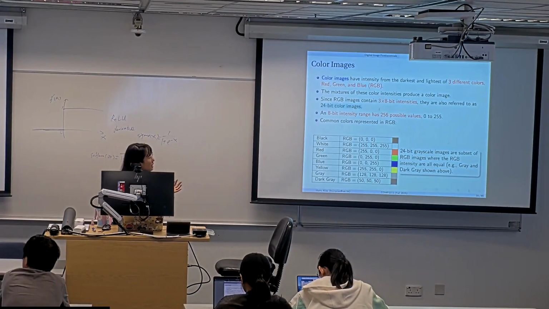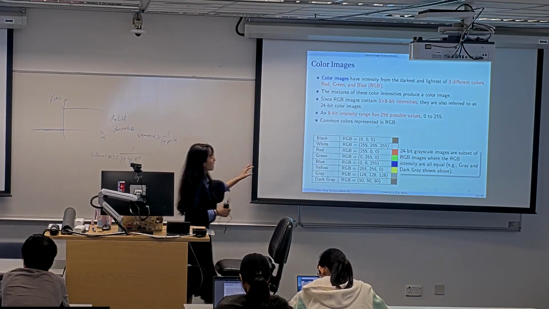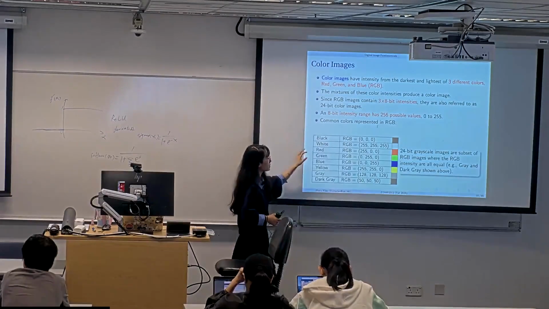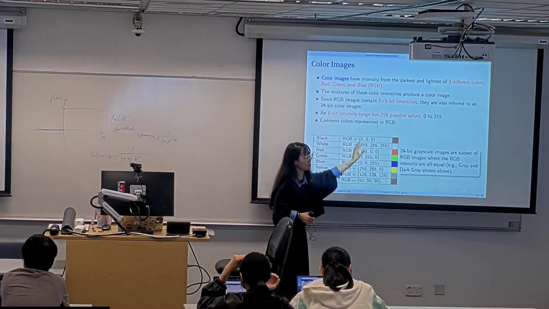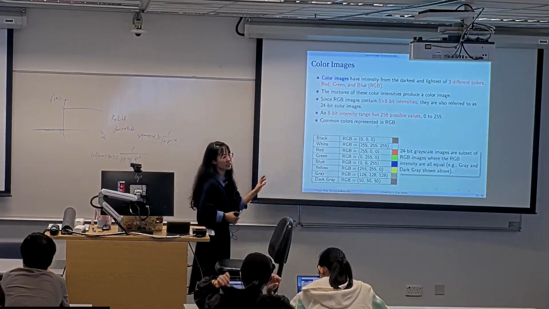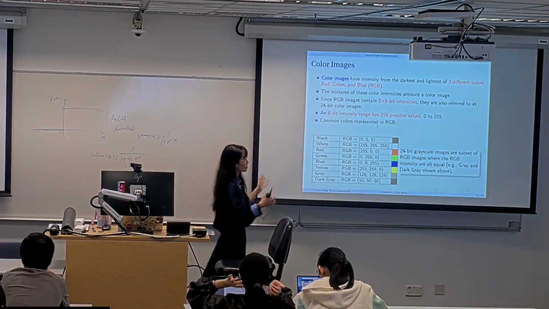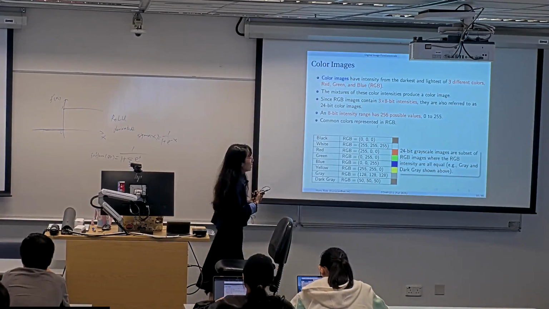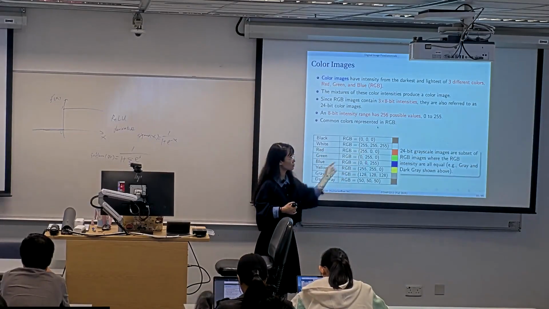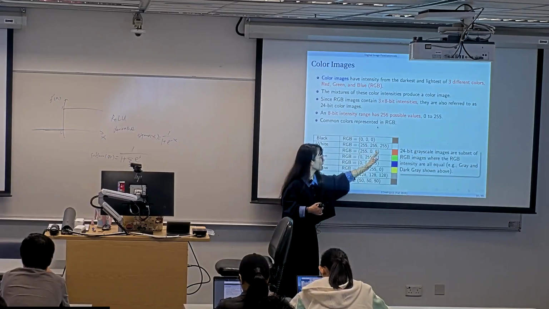And there are some common colors represented in RGB. If RGB takes the value 0, 0, 0, then again it's black. If all of them take 255, then it's white. Each possible color in a digital image is just a mixture of these 3 channels. If you want pure red, let the red be 255 and green and blue be 0.